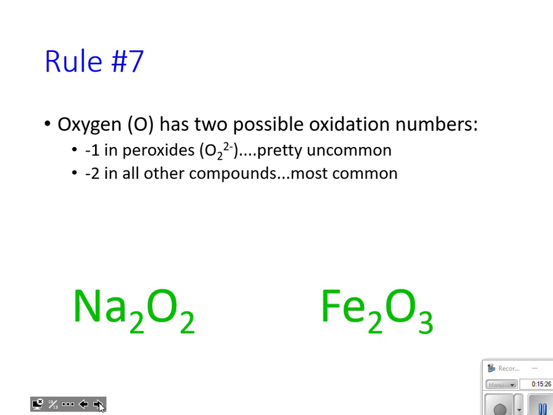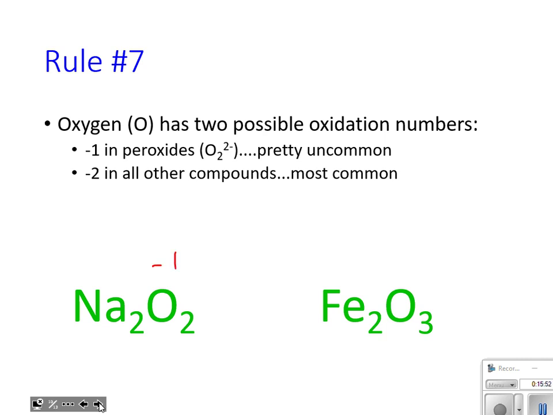And you're going to know it's a peroxide because if I look at this, wouldn't you think that those 2's right there should reduce? You would think that, but they do not. Why do they not? Because this is a peroxide. So when I see this peroxide, I know that this oxygen is a -1.